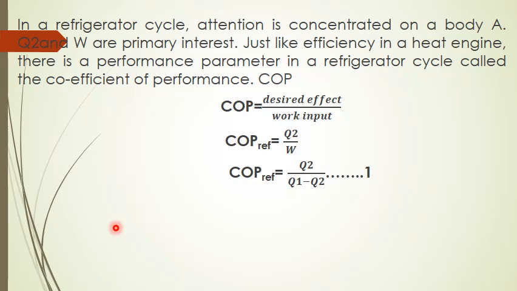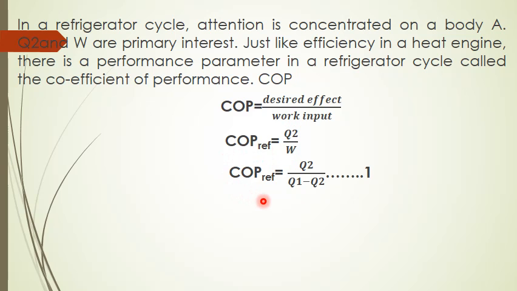The COP is defined as desired effect by work input. The desired effect in a refrigerator is Q2, because that is the amount of heat we are removing from body A in order to maintain it below the atmospheric temperature. So the desired effect is Q2 and the work input is W.